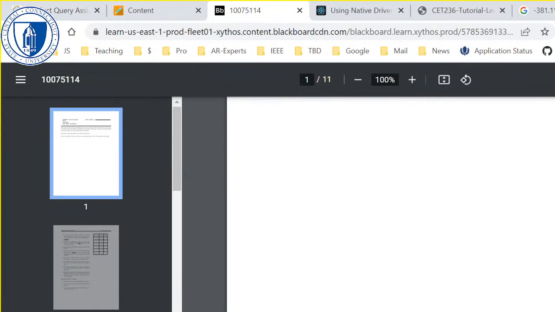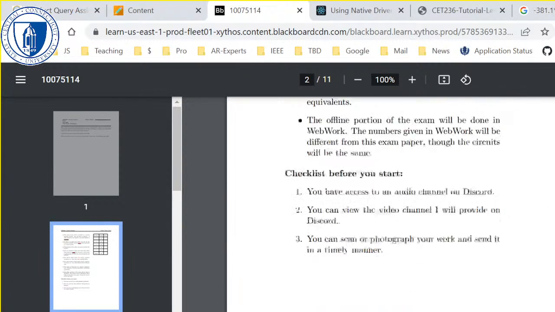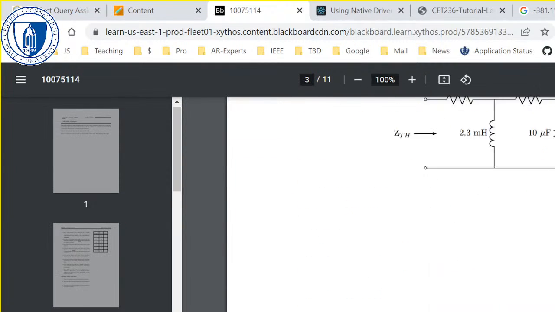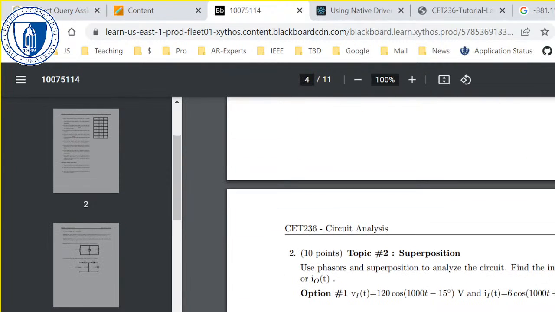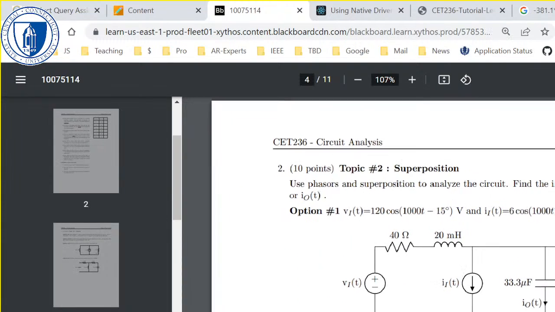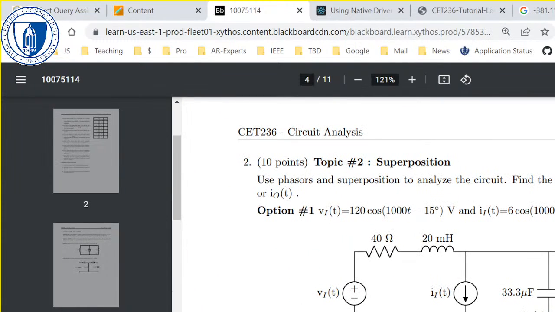Right, so here is the final from last summer. And this is the format that you should expect on your final. It's not necessarily going to be the same circuits, but similar format.